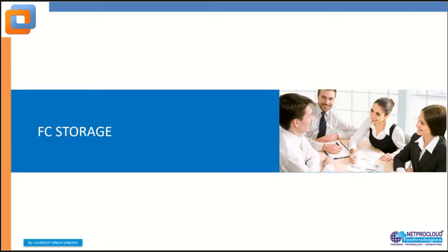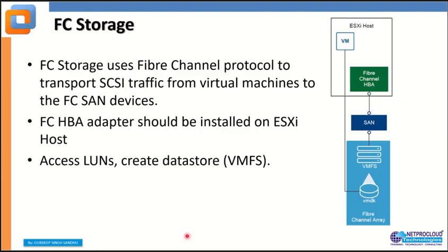So let's discuss FC storage, meaning Fibre Channel storage. FC storage uses the Fibre Channel protocol to transport SCSI traffic. Basically the traffic is SCSI kind, and it travels from the ESXi host to the storage.